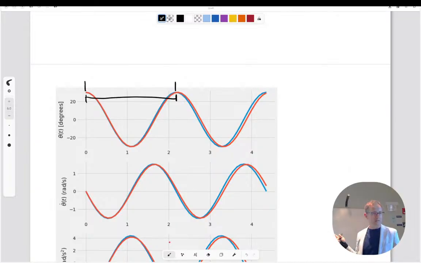Is it 2.3? Like, is it a full 1/10 of a second different for this time period? I don't even think so. I think it's less than. So I could say t linear equals t nonlinear plus or minus 0.1 seconds.